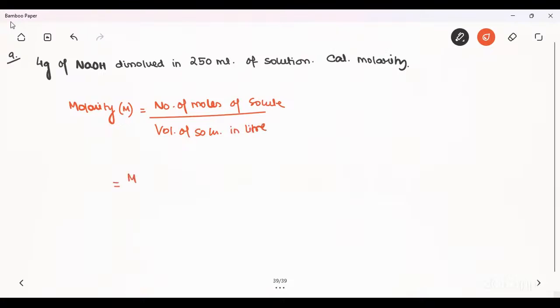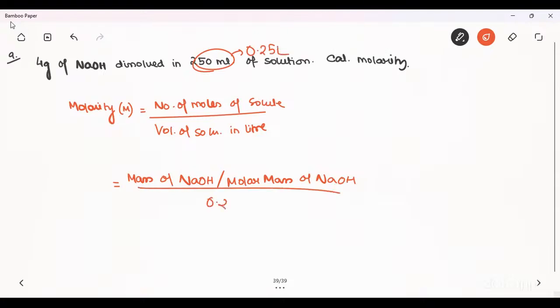So mass of NaOH divided by molar mass of NaOH. 250 milliliter means 0.25 liter, divided by 0.25. So it's 4 gram divided by 40 gram, divided by 0.25. It will be 0.4 molar.